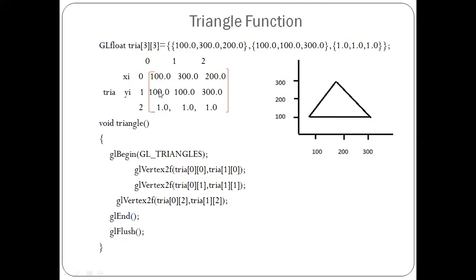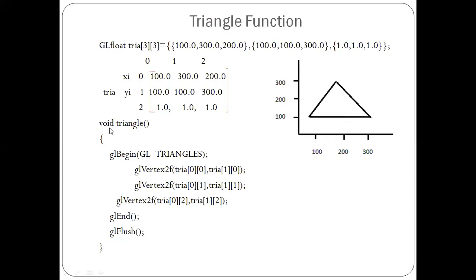Coming to the next point, x2, y2 is 300, 100. And coming to x3, y3, that is my third point, it is 200, 300. So these are the coordinates of my triangle. Let us see how I can draw this triangle.